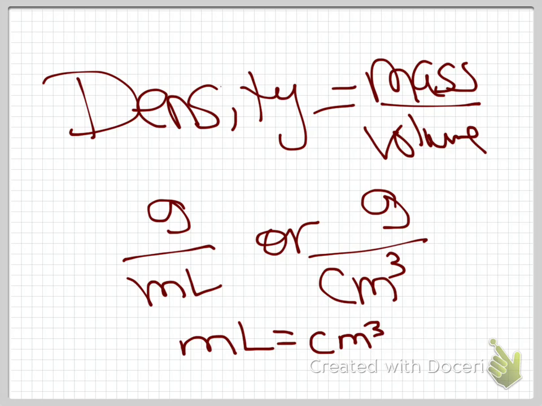As a matter of fact, if you had a syringe, if you've ever seen one, on one side it says milliliters, on the other side it says cc. That cc stands for cubic centimeters. They are equivalent measures. Alright, so the units for density are grams per cc.